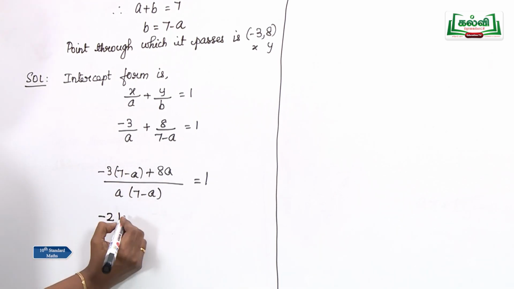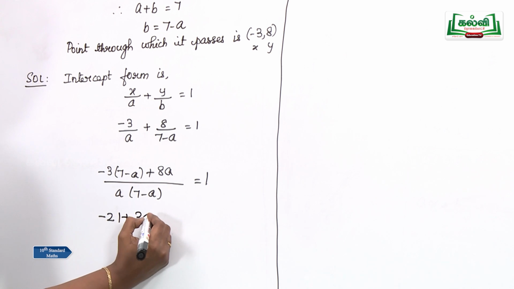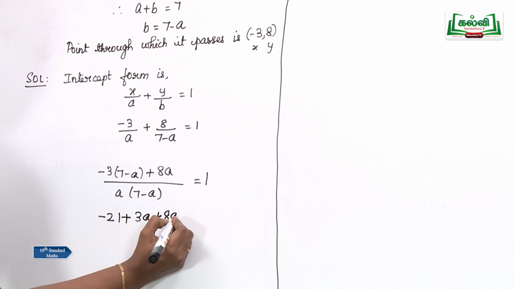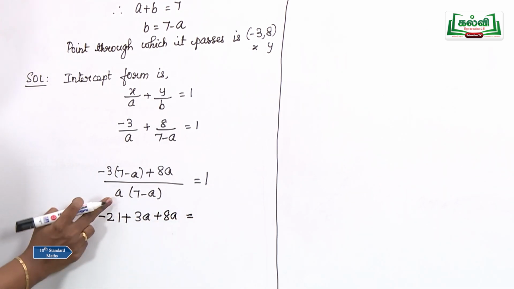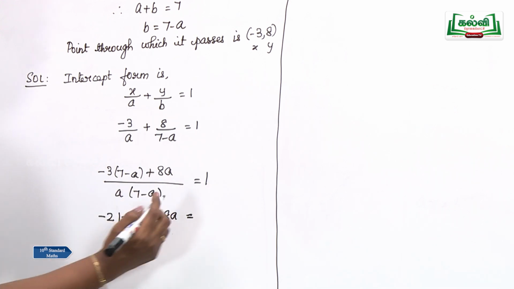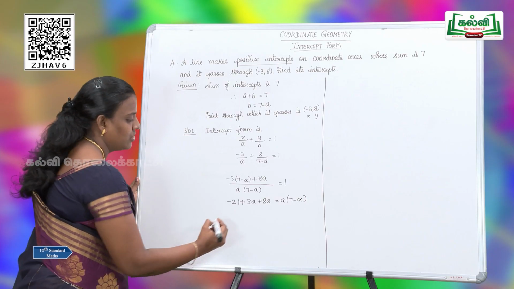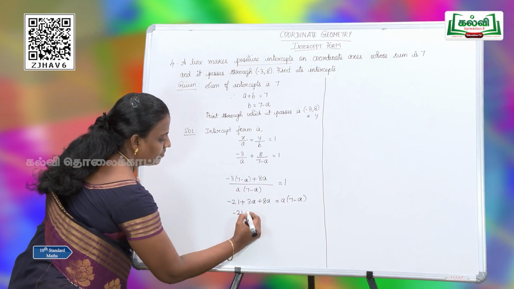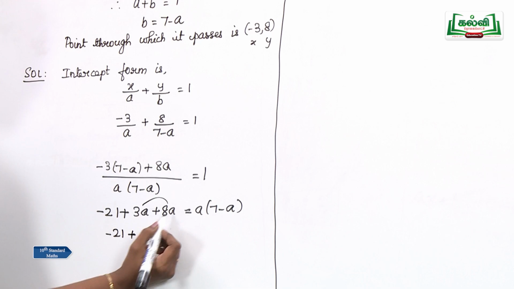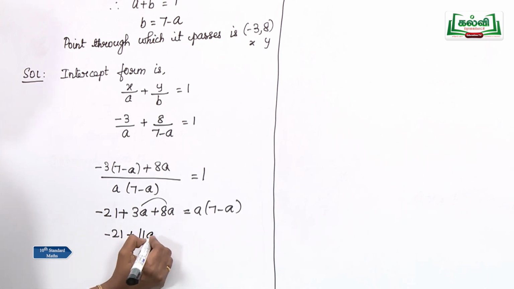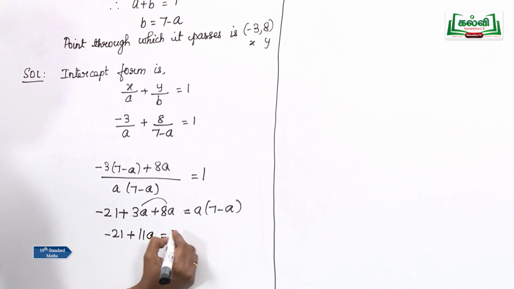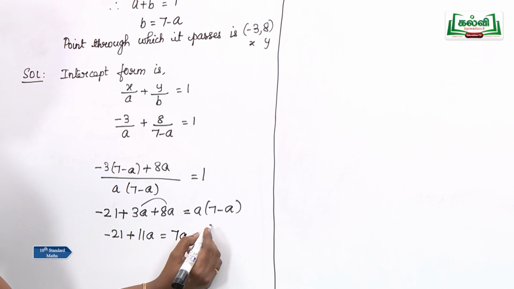Negative number becomes a positive number, plus 3a plus 8a is equal to, now this whole term will be cross multiplied to 1. So I get a into 7 minus a. So I get minus 21 plus these two are like terms, a and a. So when I add, I get 11a is equal to, multiply a inside, 7a minus a square.